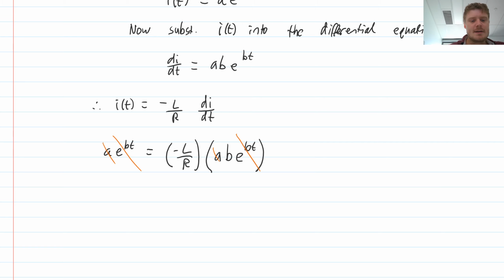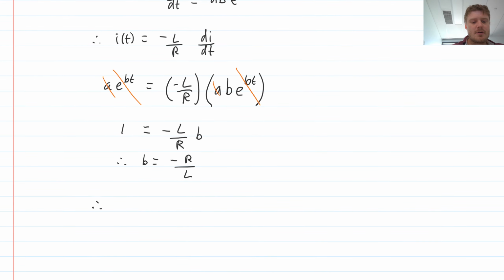What I'm going to end up with is just 1 is equal to negative L over R times b. In other words, b is equal to negative R over L, just bringing that to the other side. That's good, we're making some progress.